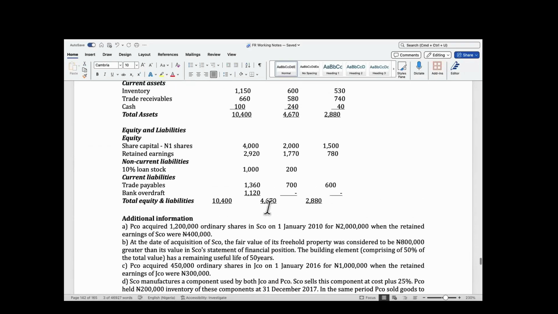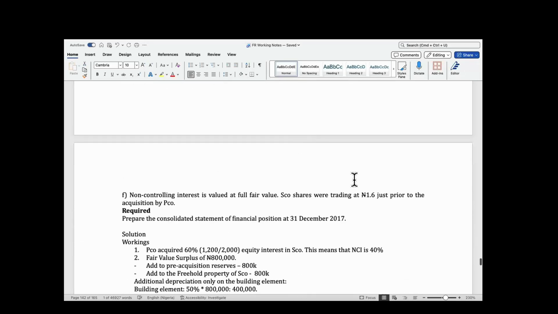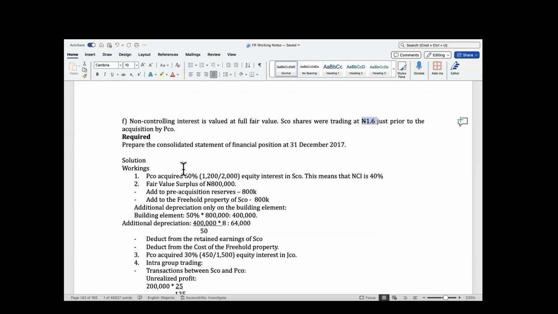Since we have 30% of 2 million shares, that's 600. That's 600 shares multiplied by 1.6. That gives us the value of the NCI. So that's all we do. All I've explained, let me show you.